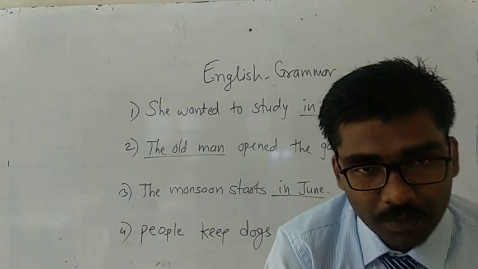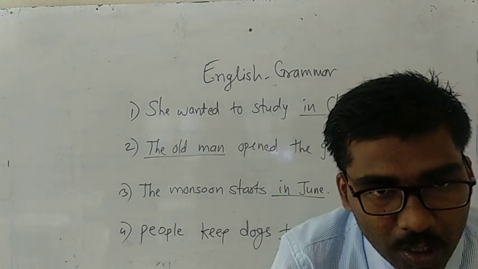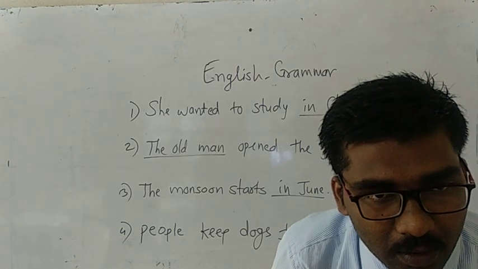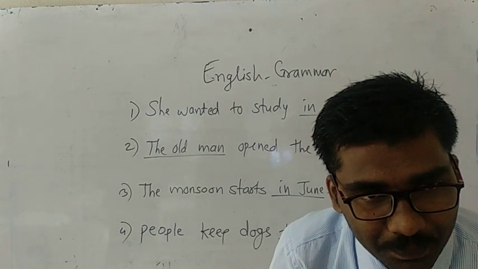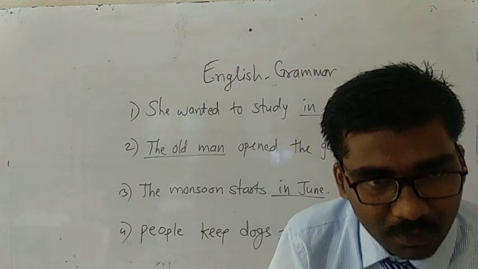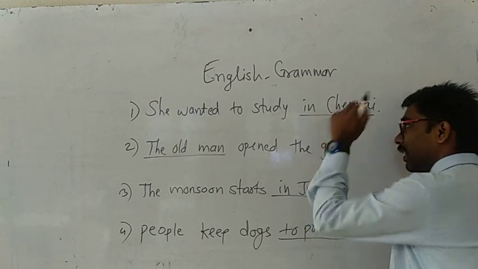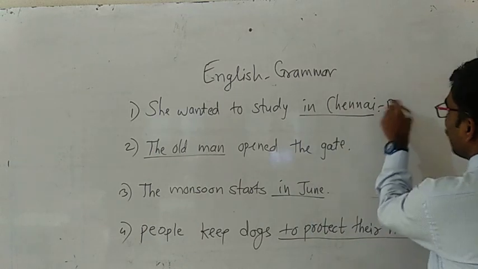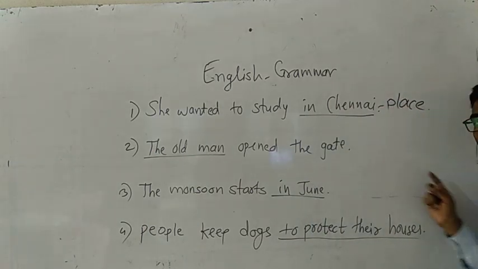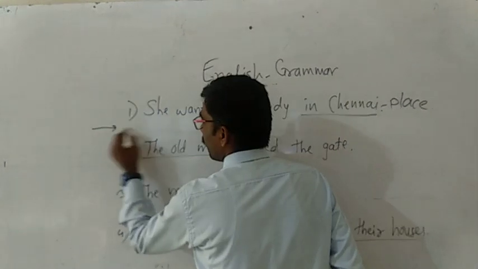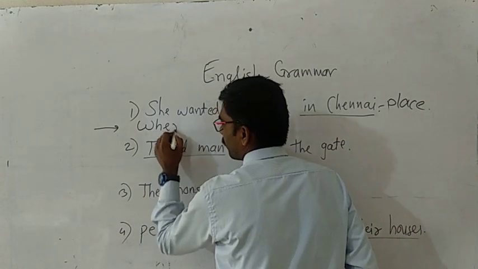So which WH word will come? Where? So underlying part is Chennai and it is a place. For place we use where.